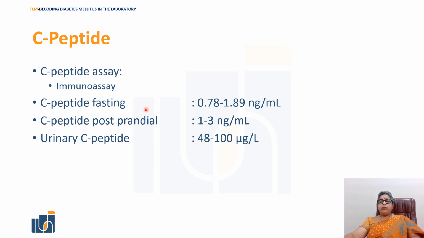The fasting level of C-peptide is 0.78 to 1.89 nanogram per ml. The postprandial levels are 1 to 3 nanograms per ml, and urinary C-peptide is 48 to 100 micrograms per liter. These are the normal biological reference ranges for C-peptide. And like I said earlier, they're not very commonly done tests in all diabetics.